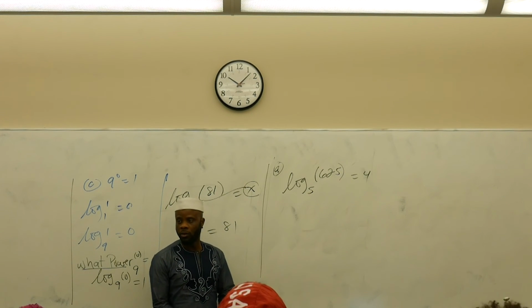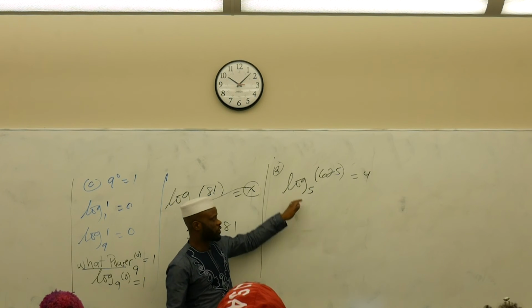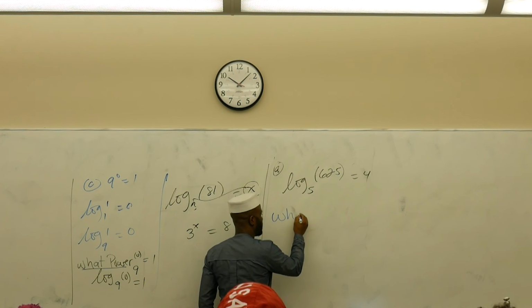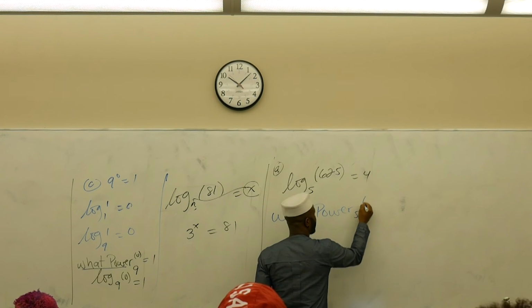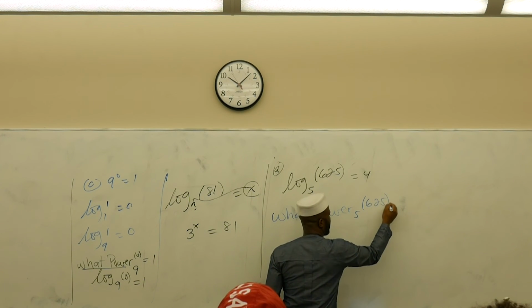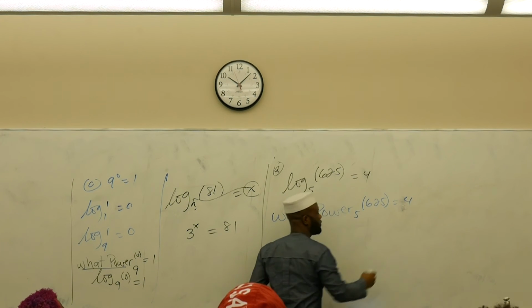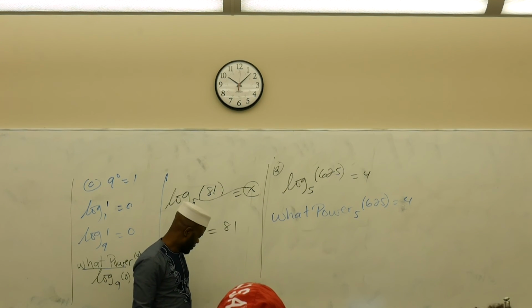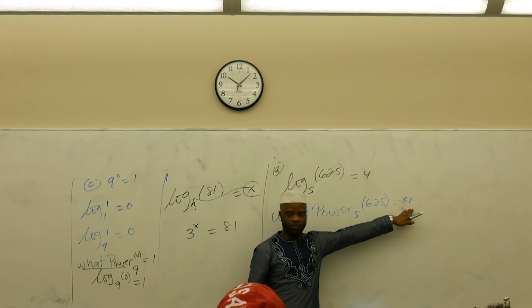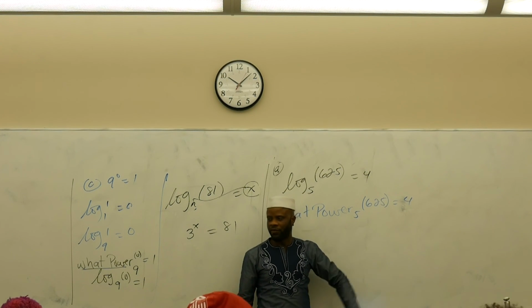So if we like, we can work it backwards. We change their log to what power? What power of 5 is 625? Here's the power that gives me 625.